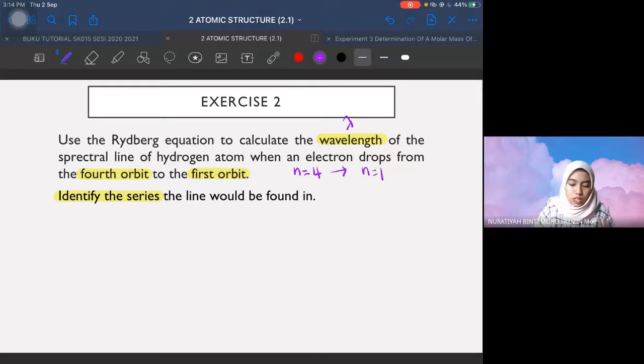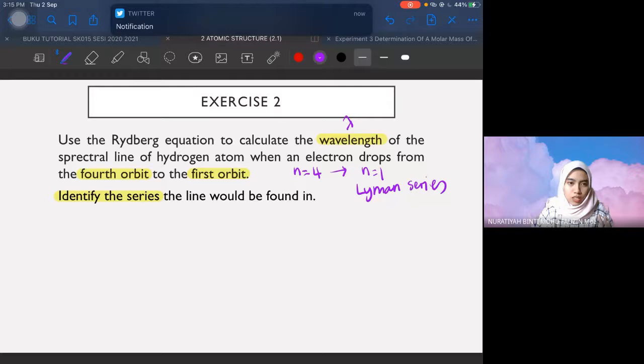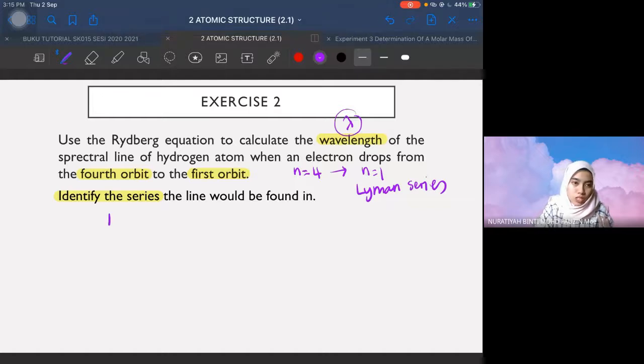So you know that this will be Lyman series. Right? So identify the series. So the line will be found. So to find the wavelength, I would just use the formula 1 over lambda equals to R H times 1 over n1 square minus 1 over n2 square lah.